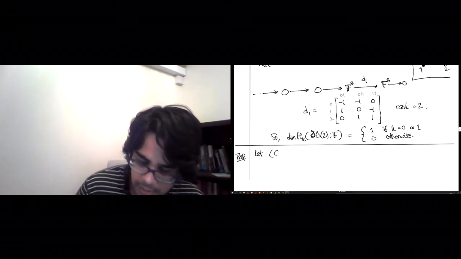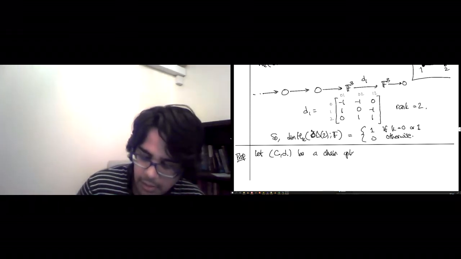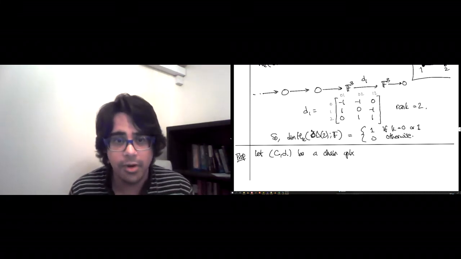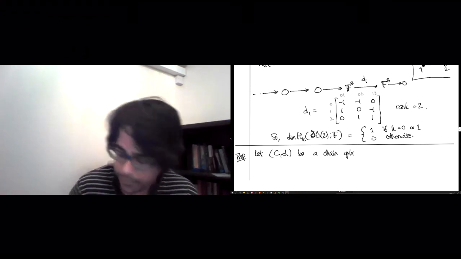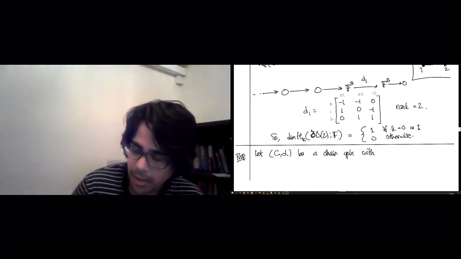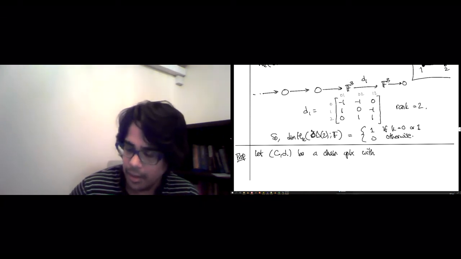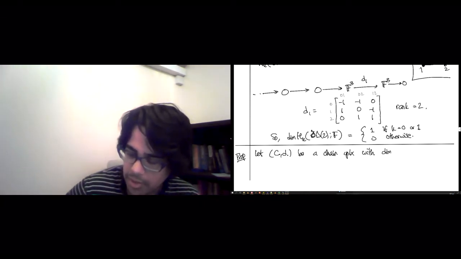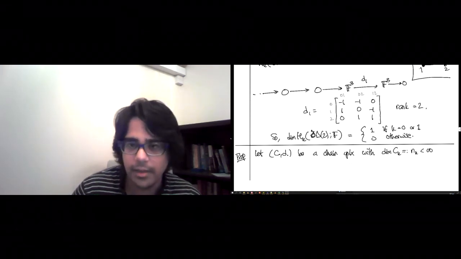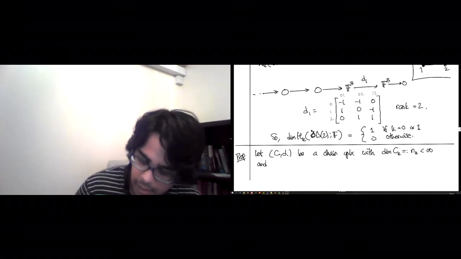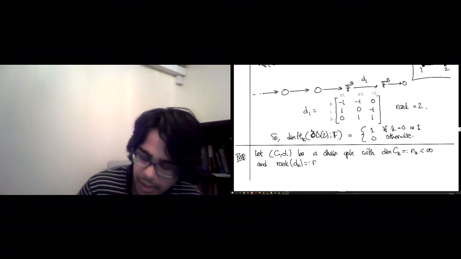So let (C, D) be a chain complex. Again, I'm not going to insist that this comes from a simplicial complex. This is any sequence of vector spaces and linear maps so that the adjacent D squared is 0. We're going to force, however, all the chain groups to be finite dimensional. So the dimension of C_K, I'm going to call N_K, which is always less than infinity, and the rank of D_K, I'm going to call R_K.